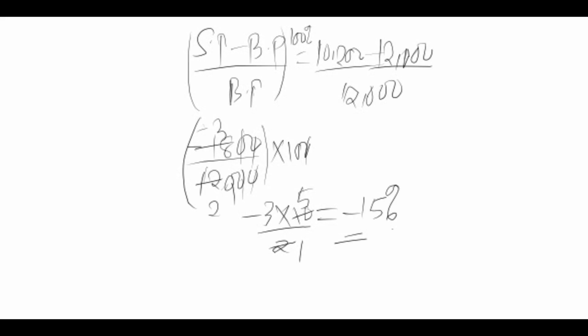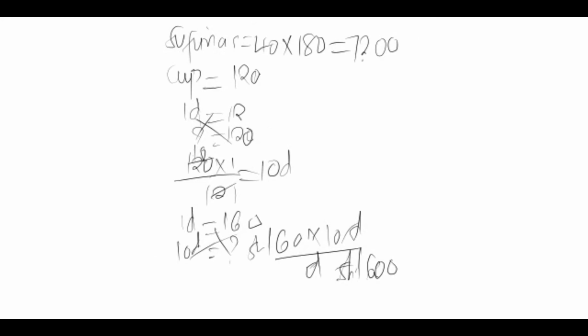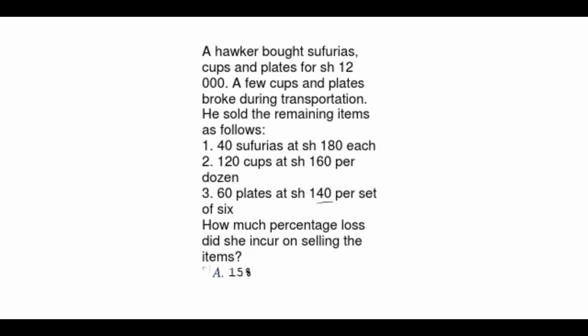This negative sign shows us that there was a loss. So the percentage loss will be equal to 15%, since we remove the negative sign as we have said it is a loss. That was it.